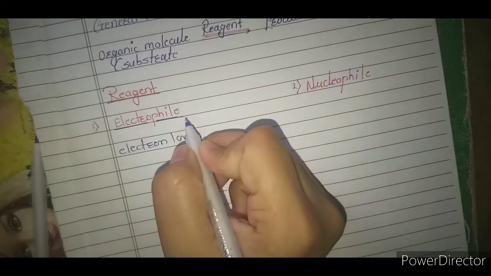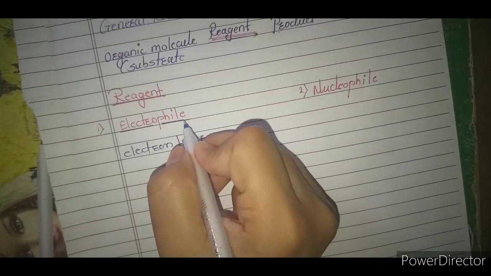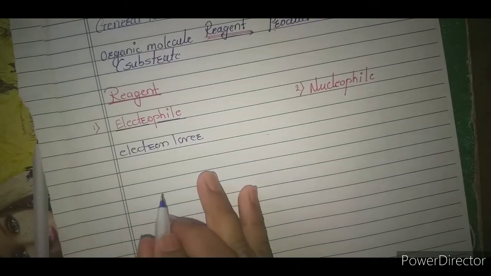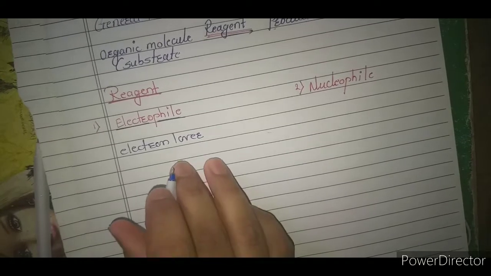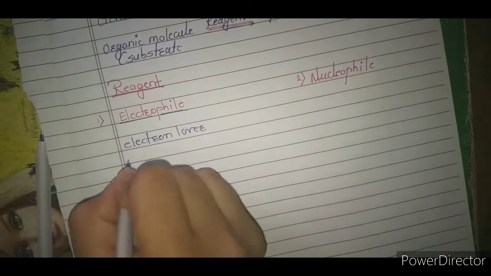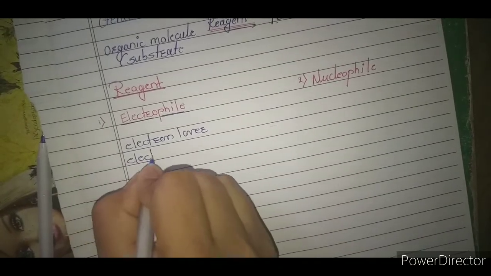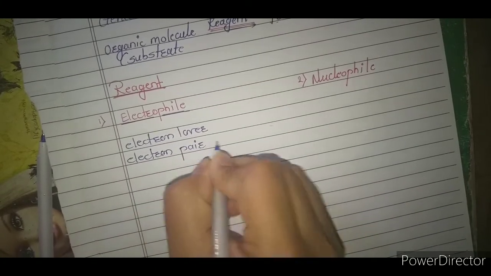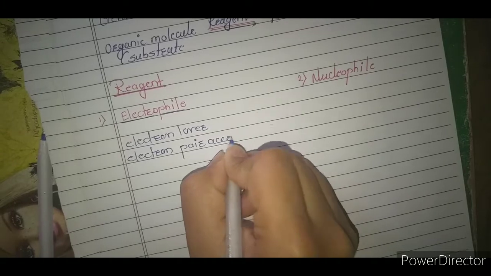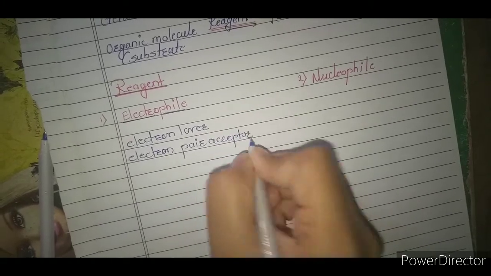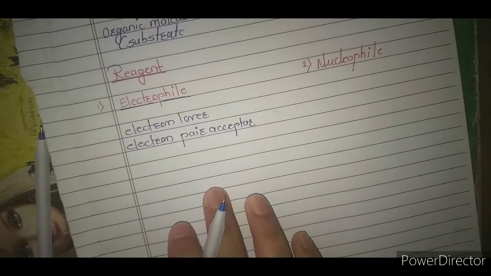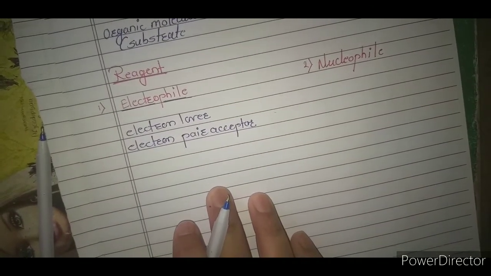In an electrophile, a deficiency of electrons, or fewer electrons, is present. It is also called an electron pair acceptor. Okay. Electron pair acceptor.